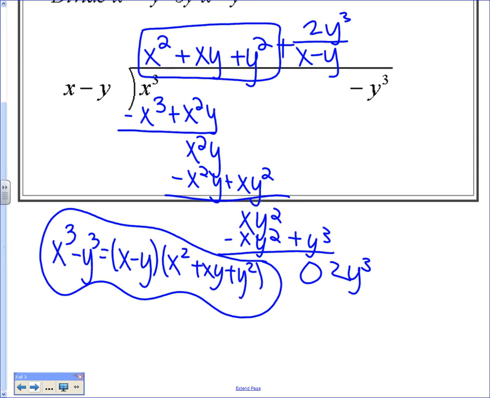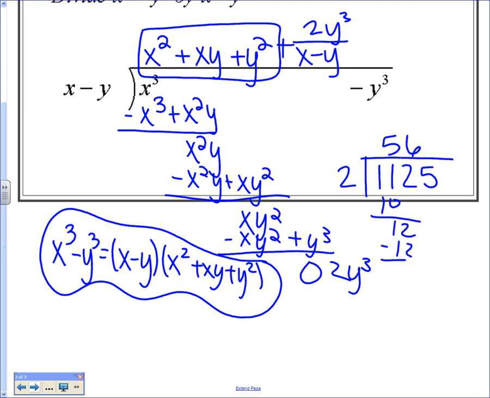Remember how to do this? Yeah. You get 5, 10. You have a 2. So your remainder is 1 over 2.